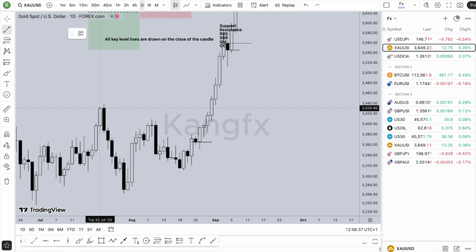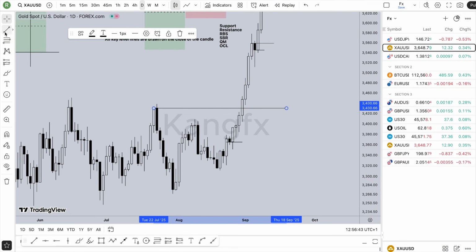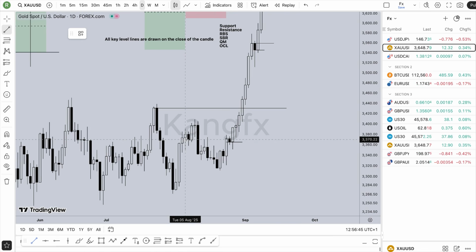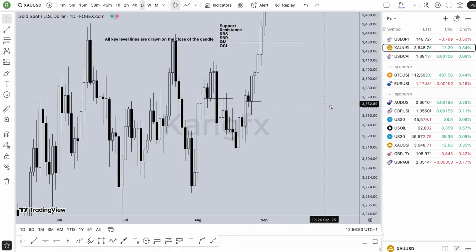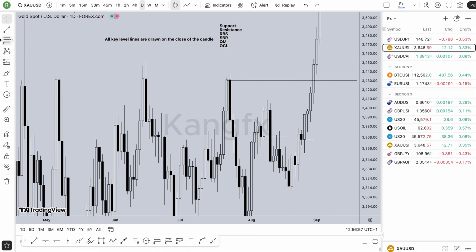This was a resistance here, the market broke through it. Now it is what? RBS. This was a support here, the market broke through it, became SBR. You see that? This is also a resistance, this is a resistance, this is also a resistance here.